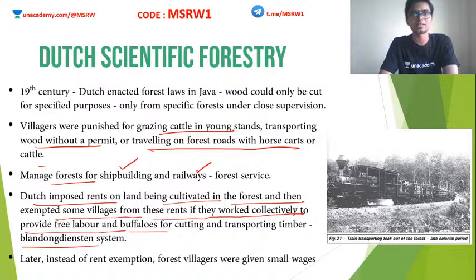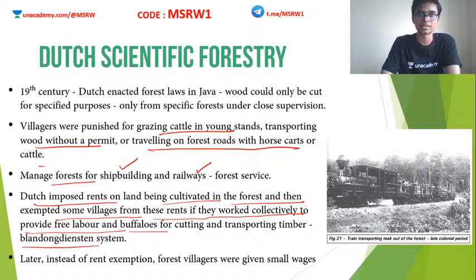Okay, so again, similar to the British, what they did in India, the Dutch also allowed some of the natives to live within the reserve forest upon the condition that they will work for the Dutch company. Okay, they will provide free labor for the Dutch company. They will provide their buffaloes for transportation, etc., etc. So this arrangement or this system was eventually named as the plantations system.